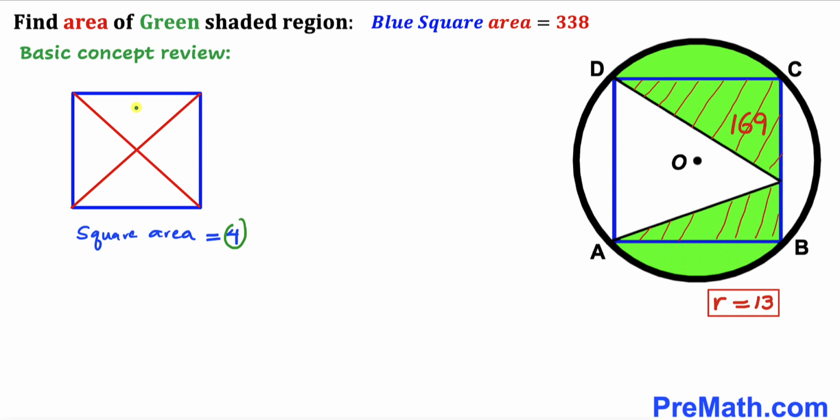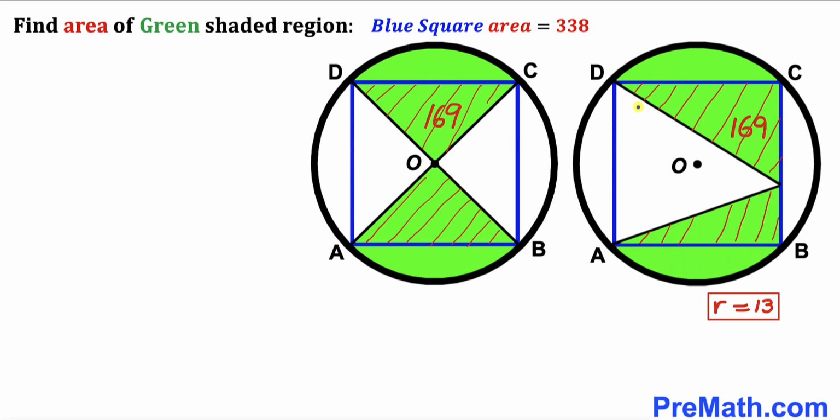Then the area of this triangle is going to be 1, 1, 1, and 1. And likewise, all these angles are going to be 90 degrees each. So therefore, we can transform this area of this square in this form.